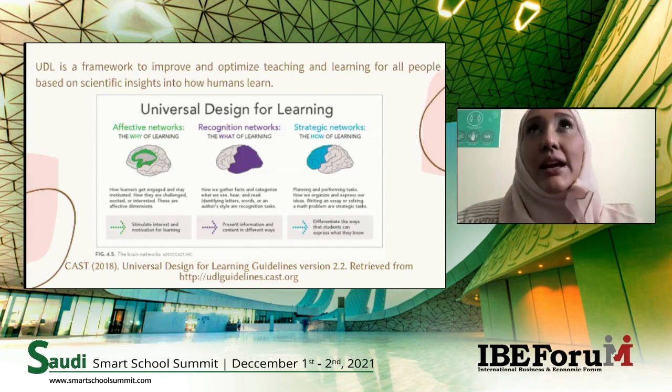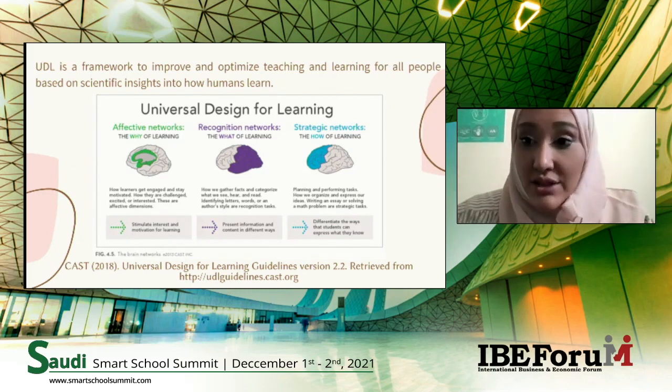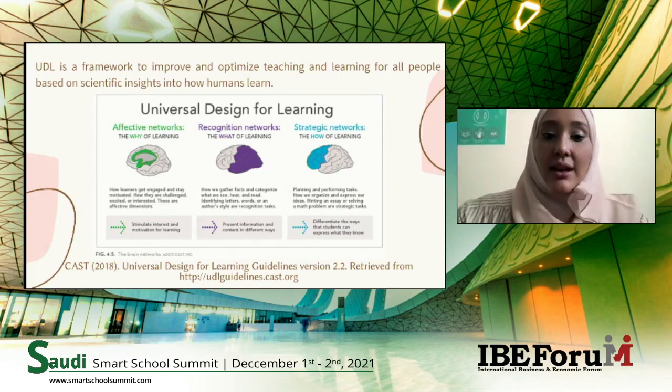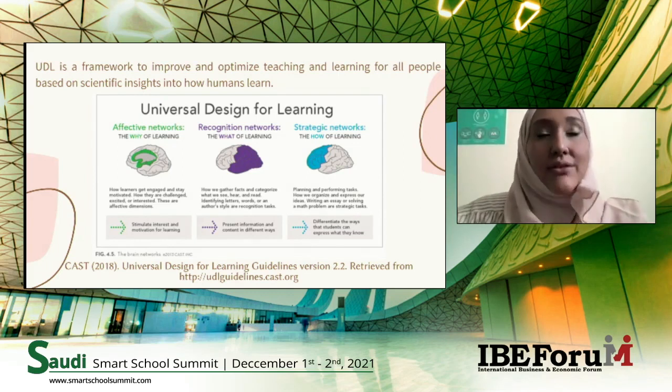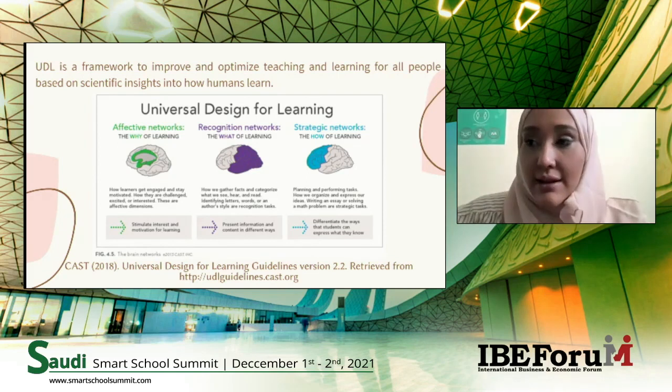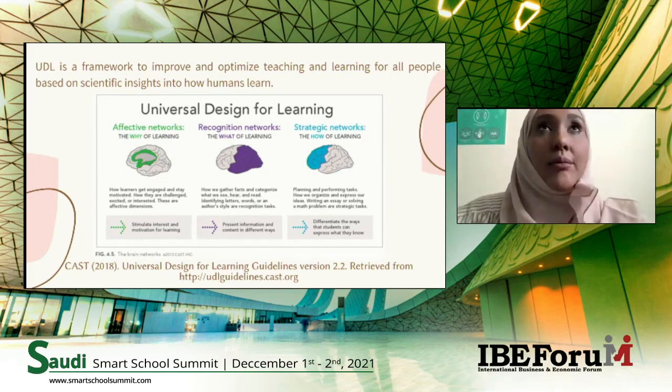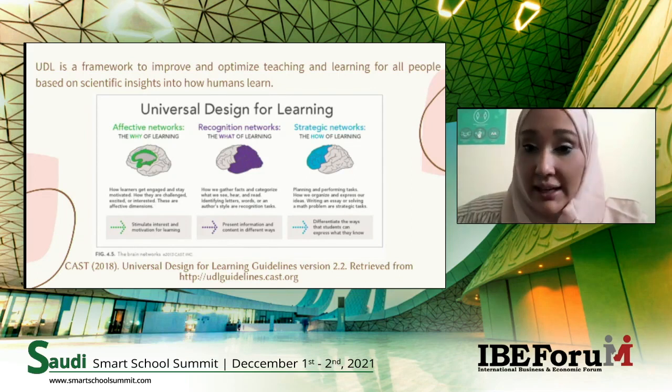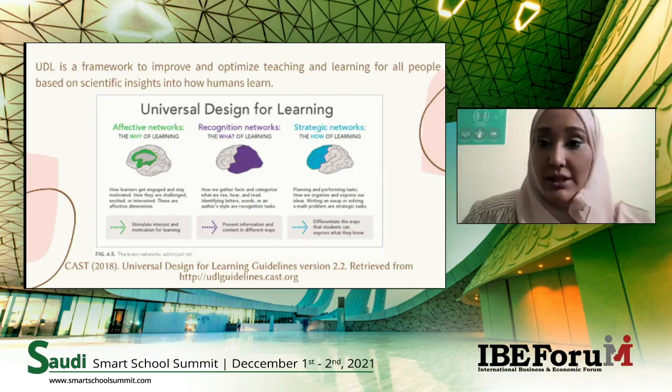When you're planning to use a tool, creating your lessons digitally, or using any kind of technology, think about how I reach all my learners. How do I best present this information to my learners? So it's thinking about presenting that information in a variety of ways. For example, using closed captioning, videos, and all types of different media will help in the what of learning.